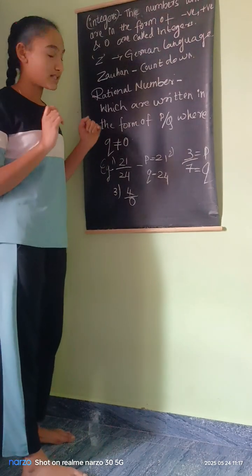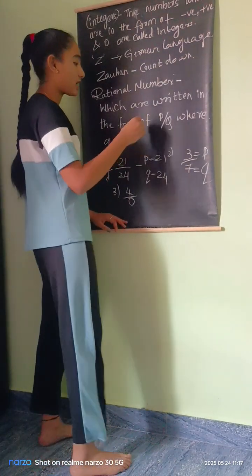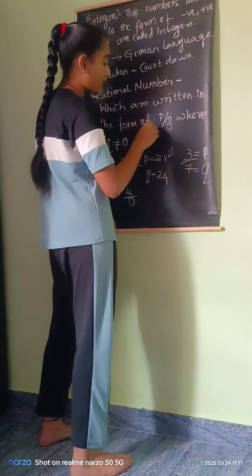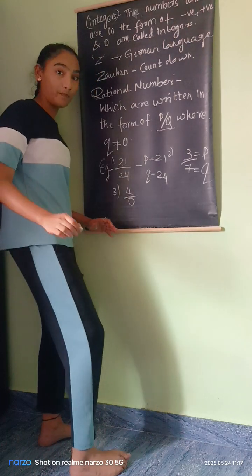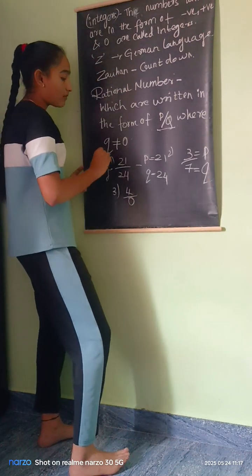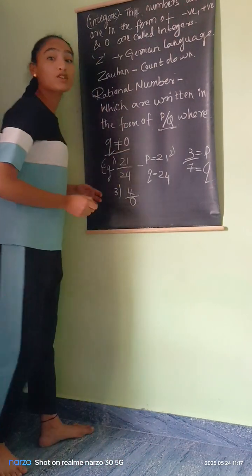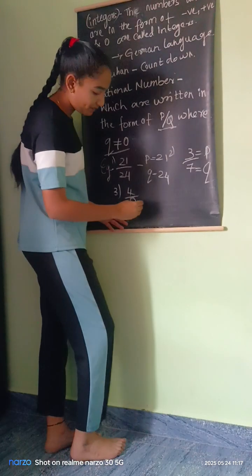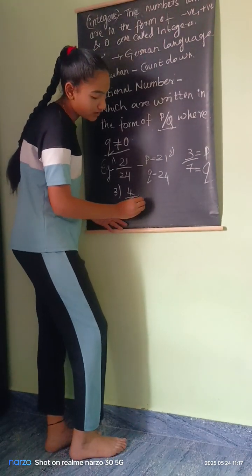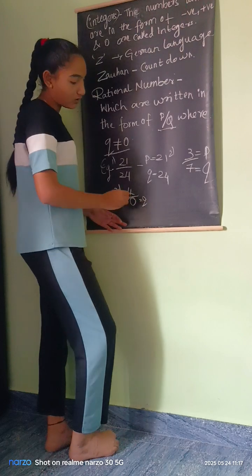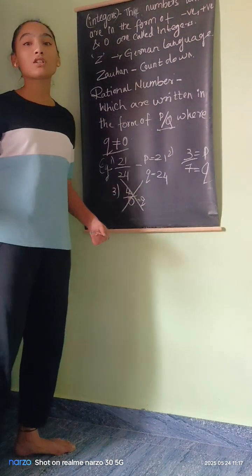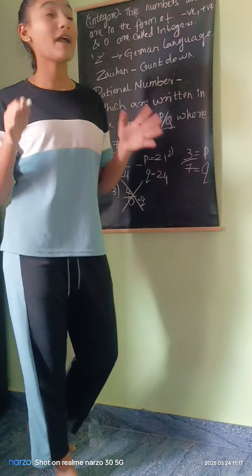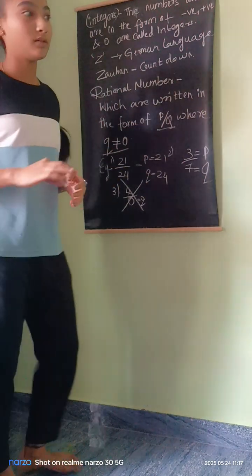It's not, because a rational number is defined as being written in the P by Q form, where Q is not equal to 0. Here Q is 0, so this is not considered a rational number. Next, let's move on to irrational numbers, which is the main part of this chapter.